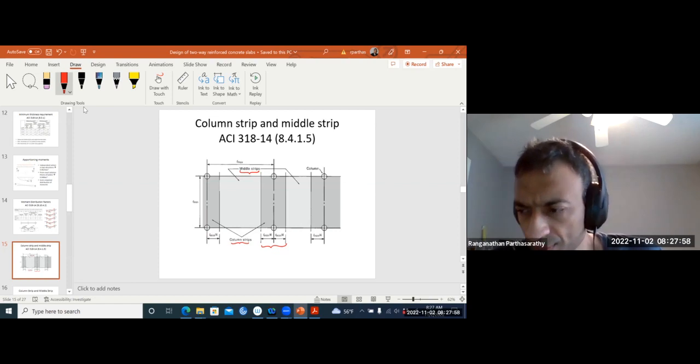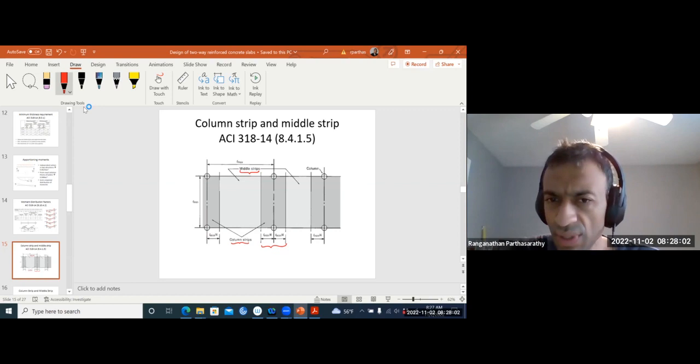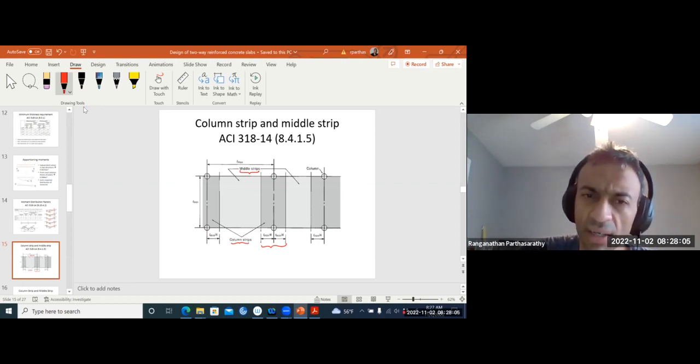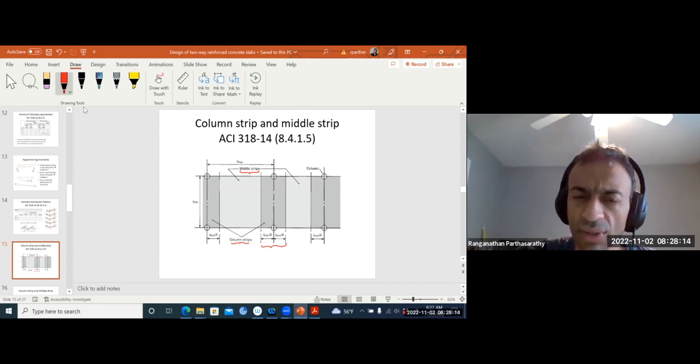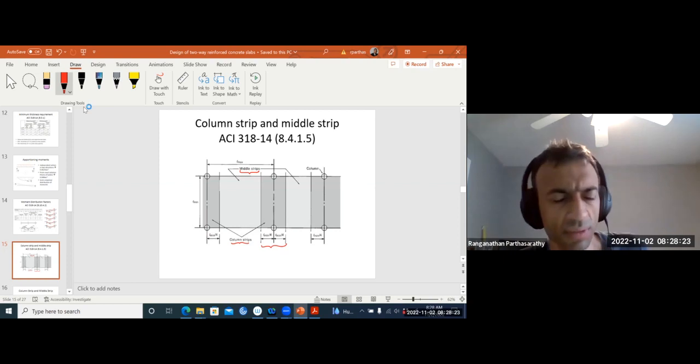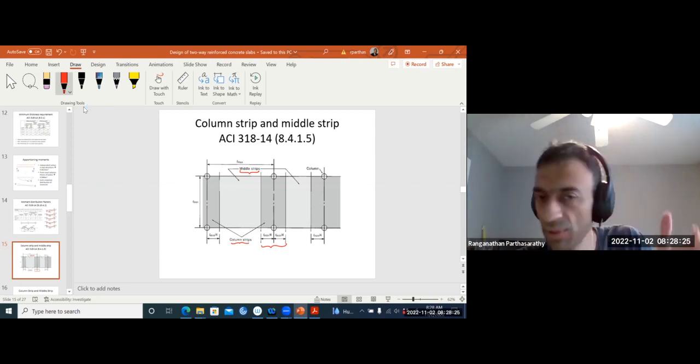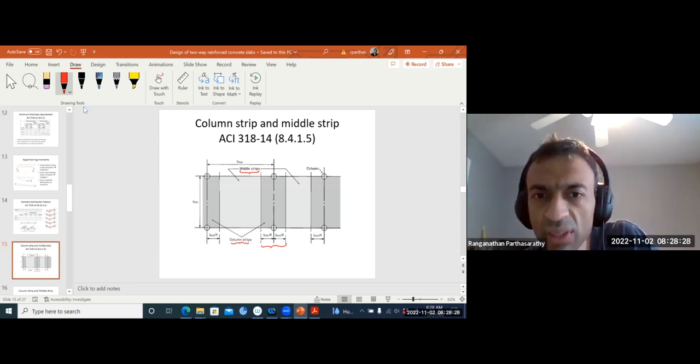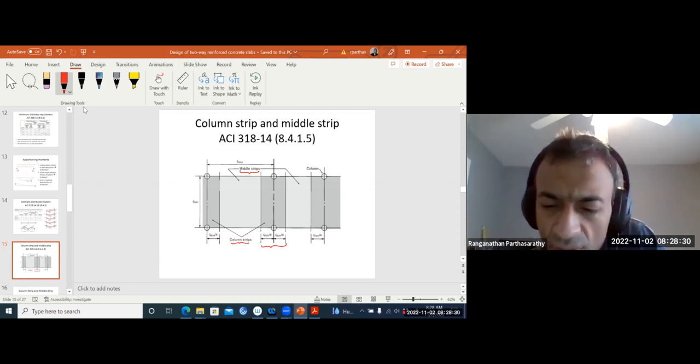Therefore, the column strips, as you would imagine, are stiffer due to the restraint to deflection offered right around the columns, due to the greater stiffness around the columns. So therefore, they carry a greater moment. Okay, so we will distribute those positive and negative moments in between the middle strips and column strips.